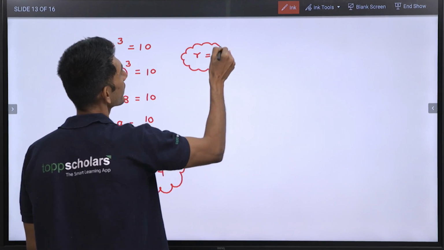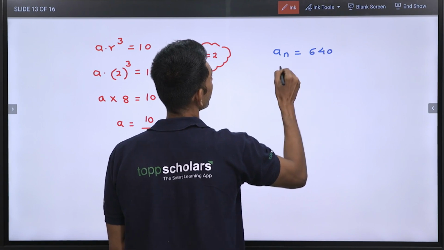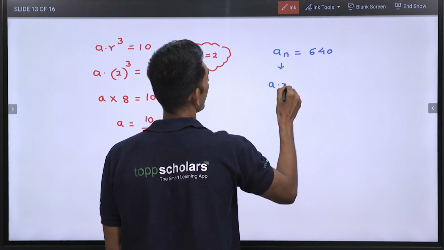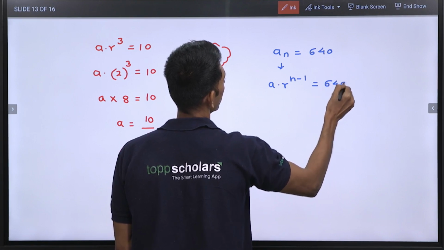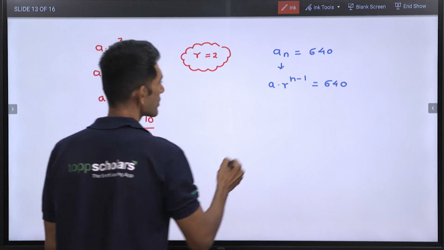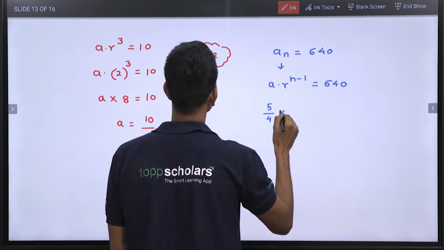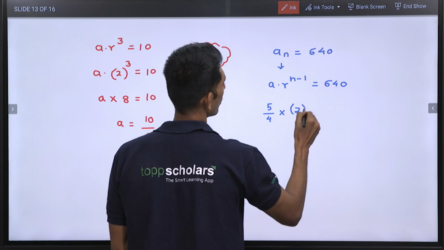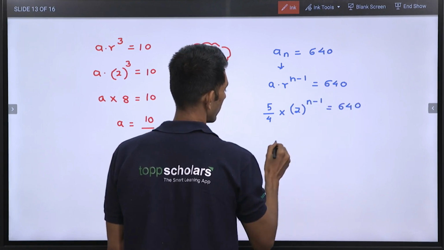An is given as 640. But what is an? Can I write down an as a into r raised to n minus 1, which is 640. But a is how much? A is 5 by 4. So 5 by 4 into r. R is 2. 2 raised to n minus 1 is 640.